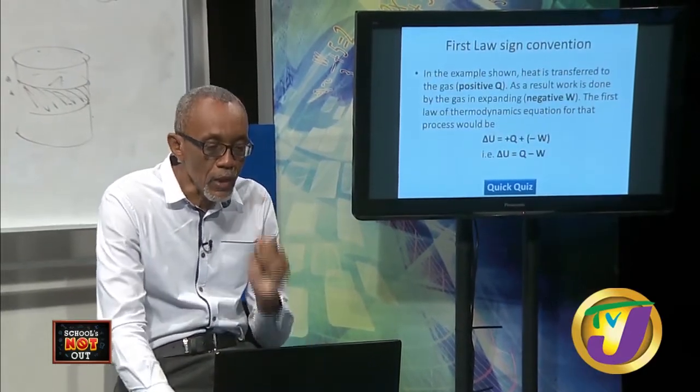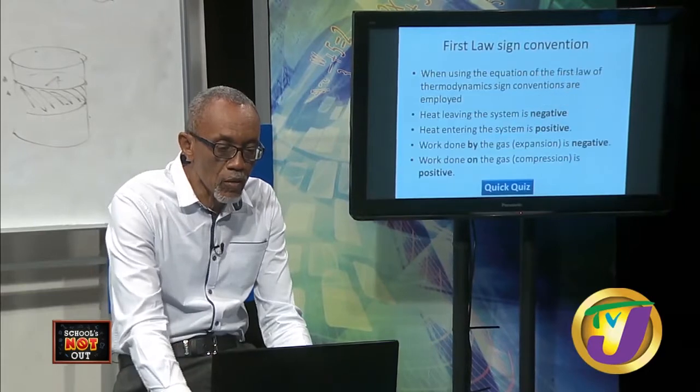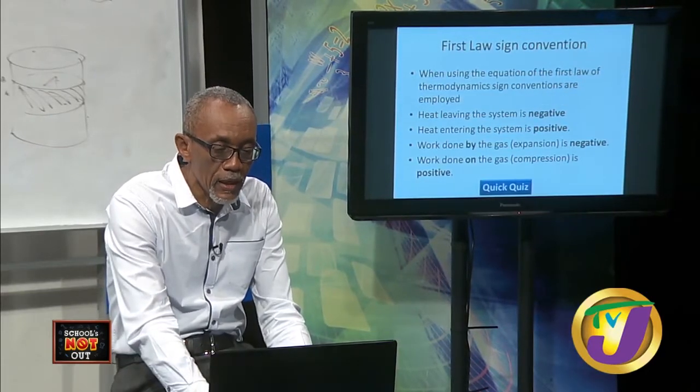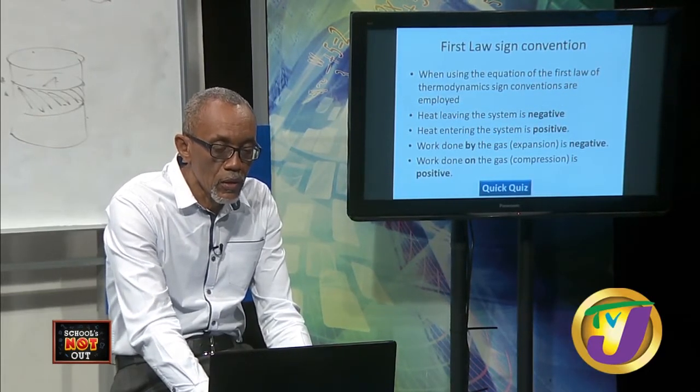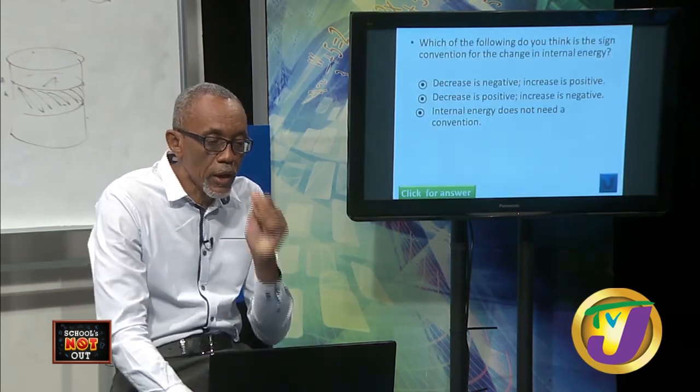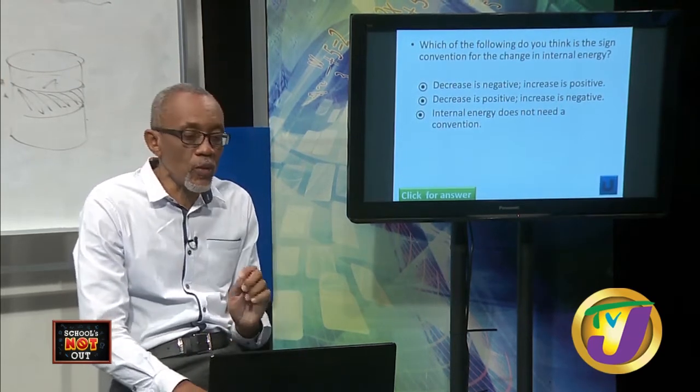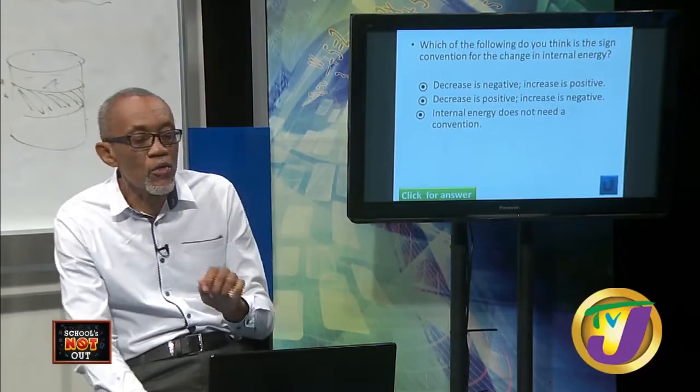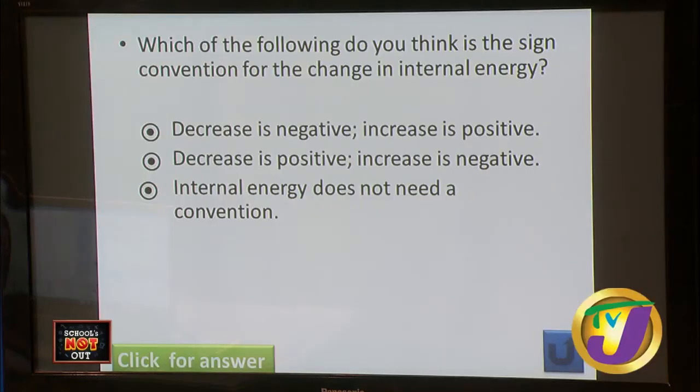Okay. So I would just like to go back. We have a quick quiz here. All right. This question asks, which of the following do you think is the sign convention for the change in internal energy? We talked about the sign convention for work, and we talked about the sign convention for the heat. But there is also internal energy. Which one do you think? The decrease is negative and increase is positive.